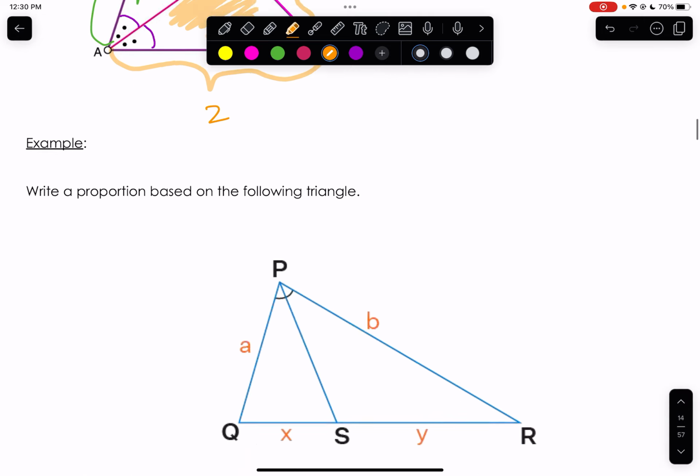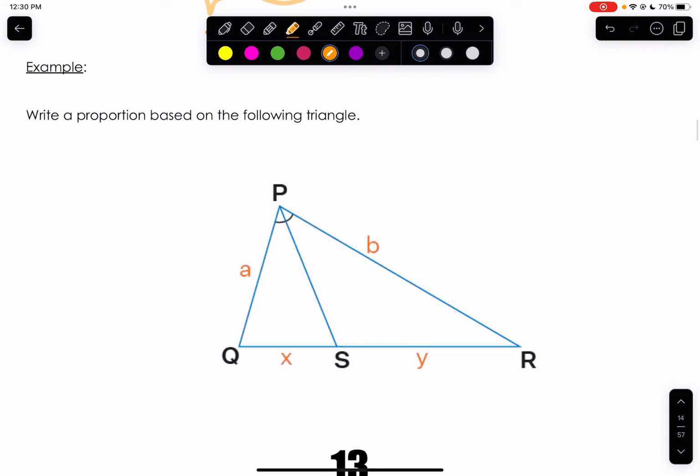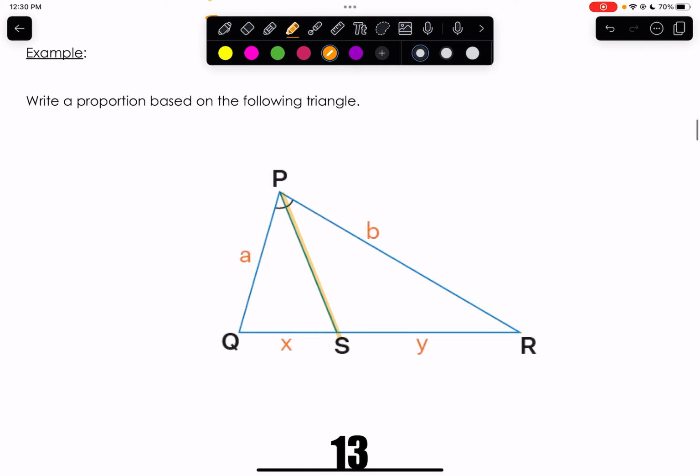So if we look down here, PS is our bisector. So what that tells us is that we now have two triangles. We have a green triangle, and let's make it a purple triangle.